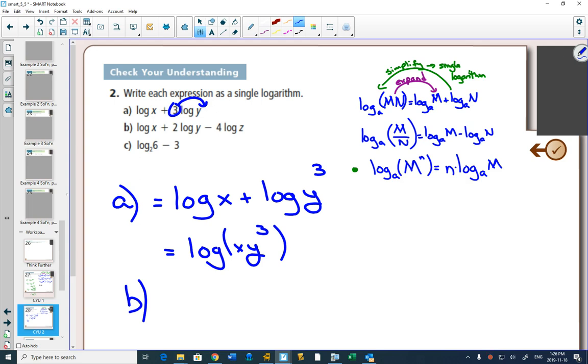In order to use the other log laws, you can't have numbers in front. So anytime you have numbers in front, like we do here, the very first step is to put those numbers inside as exponents.